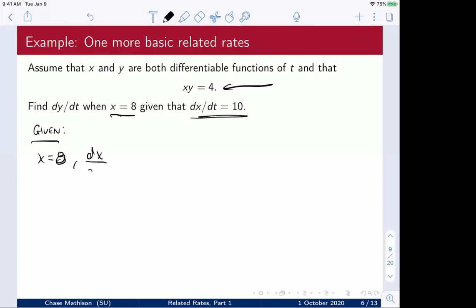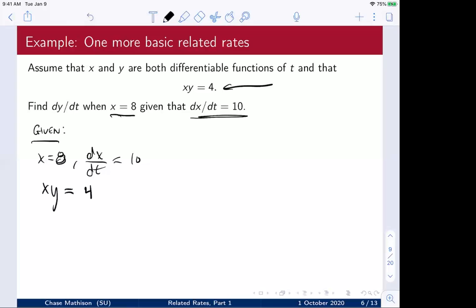We also know dx dt is constant 10. Okay. Is there anything else? x times y equals 4. Perfect. We are also given this relation x times y is equal to 4. That's all you've been given.